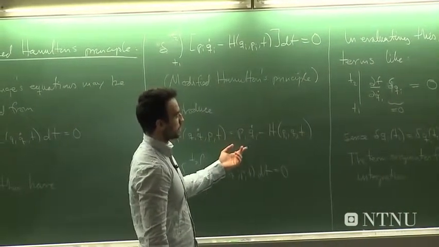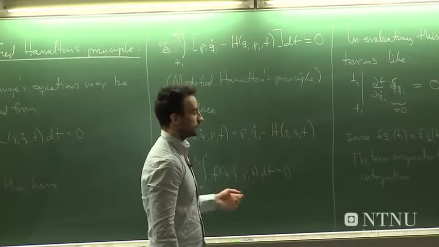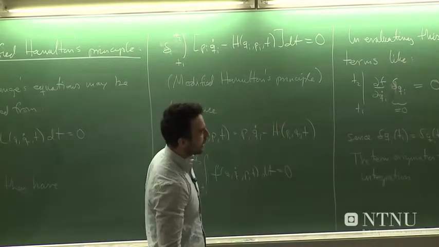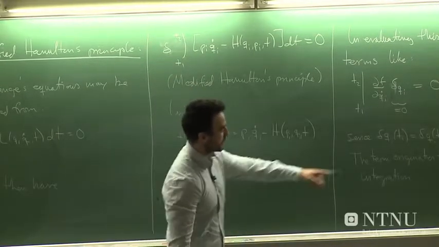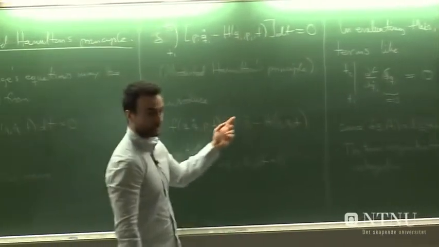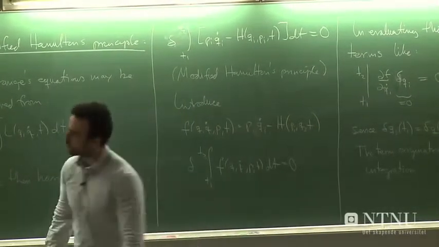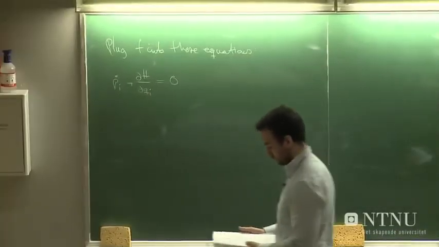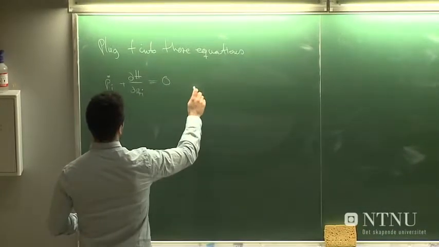Because df/dq only gets the contribution from the Hamiltonian. There's no contribution from this term. And the first term only has contribution here. So that's the first.